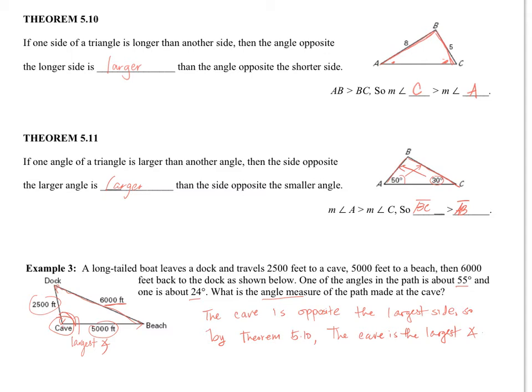So by the triangle sum theorem, the total sum is 180 degrees, and we subtract the two smaller angles, 55 degrees and 24 degrees, and we get 101 degrees.